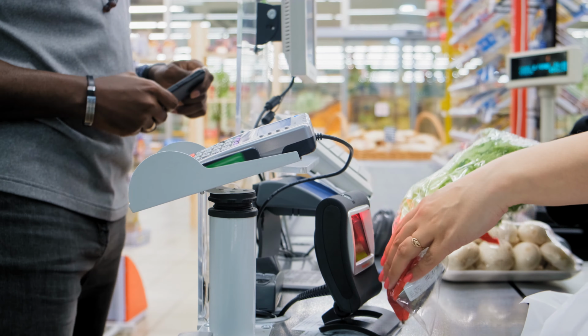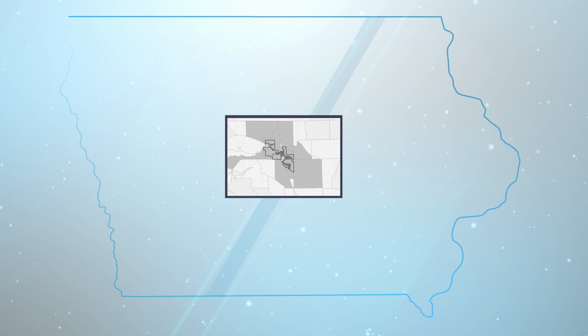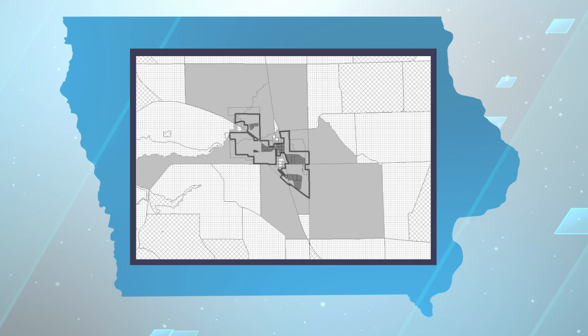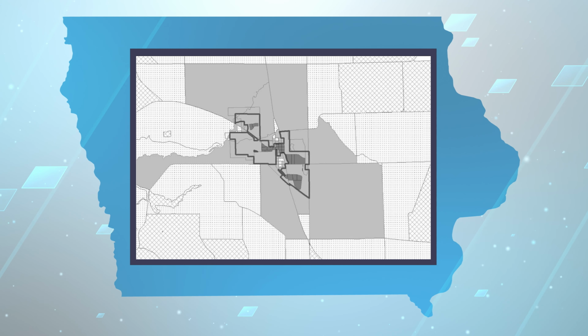In terms of empirical strategies, we focus on 3 economic development outcomes, namely business establishments, entries, and exits. We estimate the effects of TIF using event study designs by comparing the 3 outcomes in census blocks that overlap TIF districts and those blocks that do not.